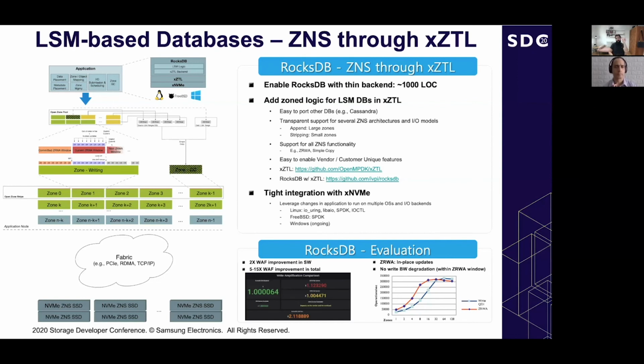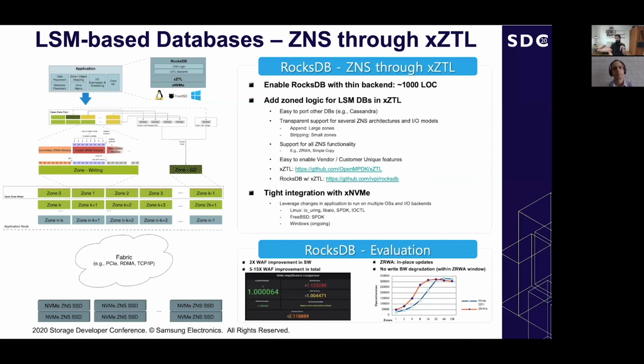And while we strive, we use the sum random write area as a way to update the metadata at the end of the SS table. You can run RocksDB with a fully serialized SS table, but you will incur a little bit more write amplification. Using the sum random write area, you can allow these small updates that happen at the end of the SS table metadata and reduce the garbage collection that is needed afterwards.